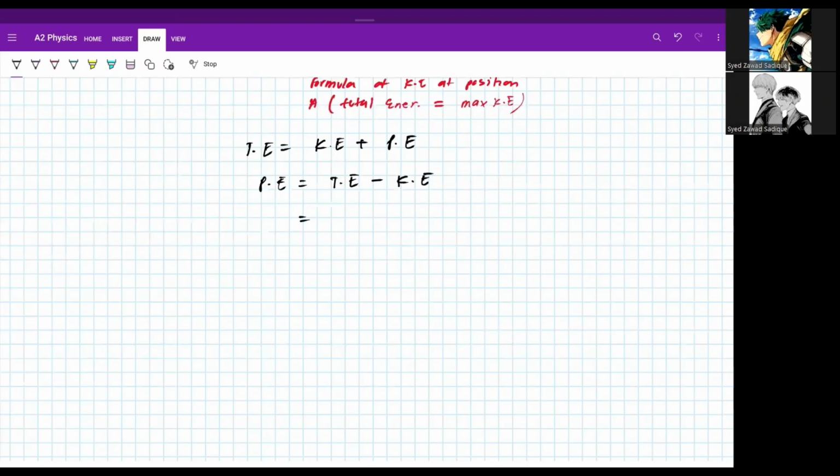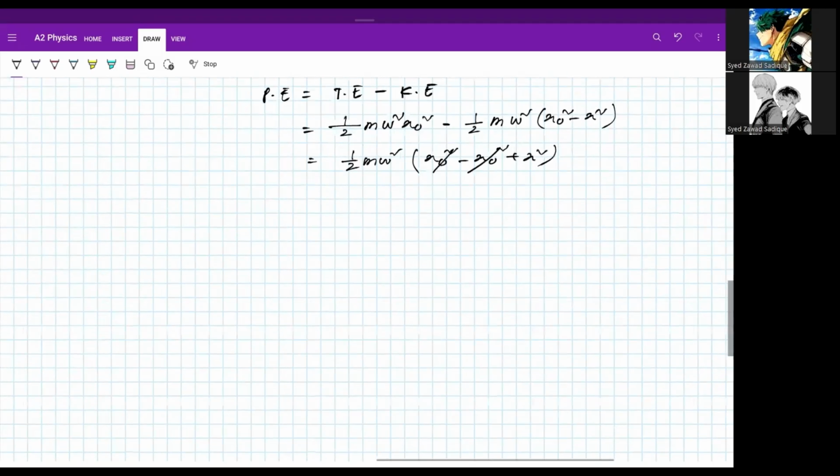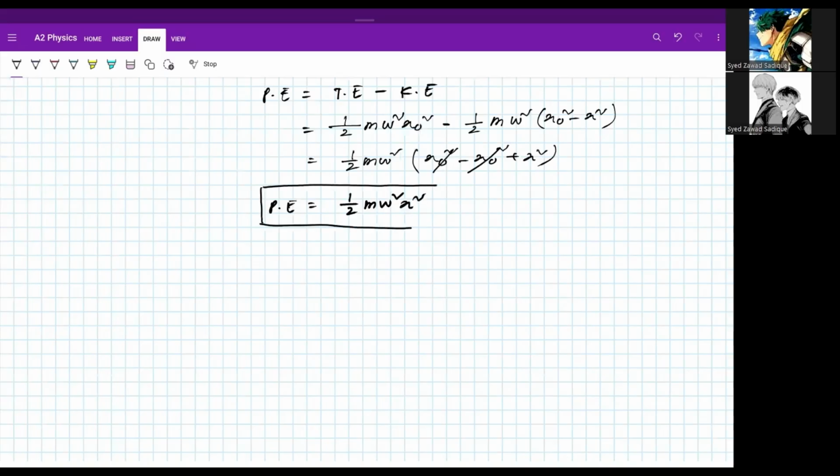We learned that total energy is half m omega square x naught square, and kinetic energy is half m omega square (x naught square minus x square). If we take half m omega square common, we get x naught square minus x naught square plus x square. These two cancel each other out. Therefore, potential energy is equal to half m omega square x square, where x is the displacement at any point.